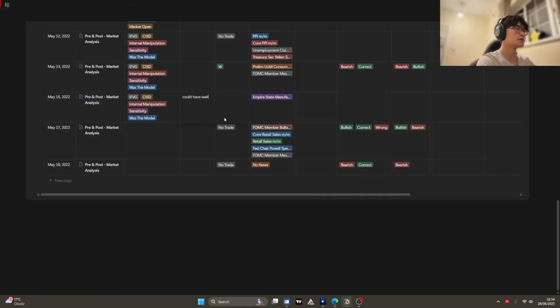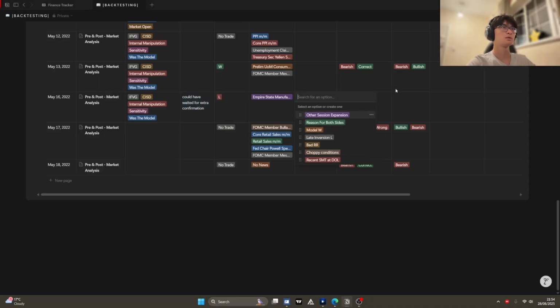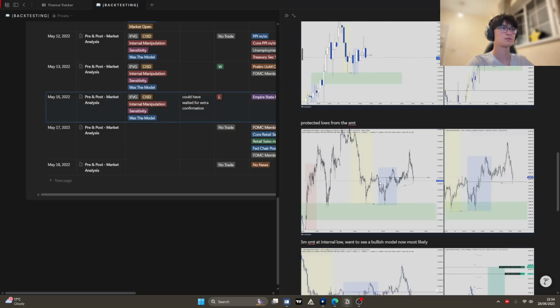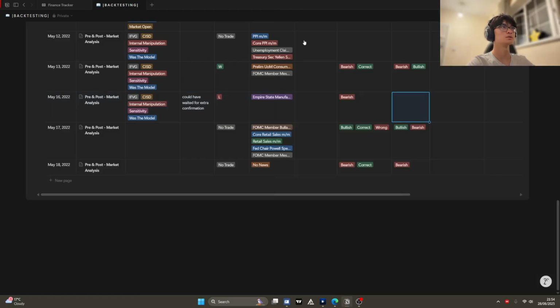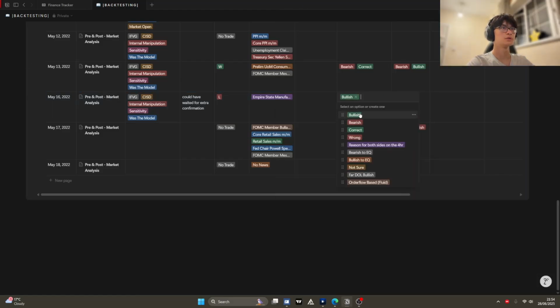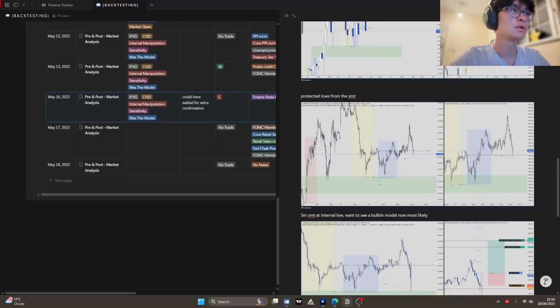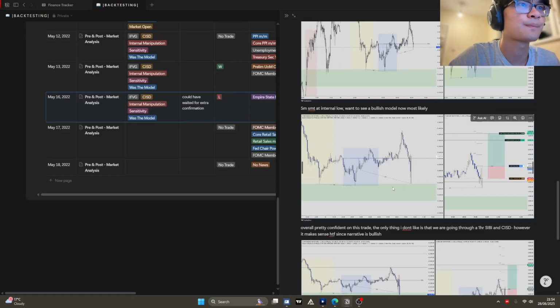Could have waited for extra confirmation. And then this one was bearish, I think. No, it was long. It was bullish. I was wrong. Bearish. Right. Yeah.